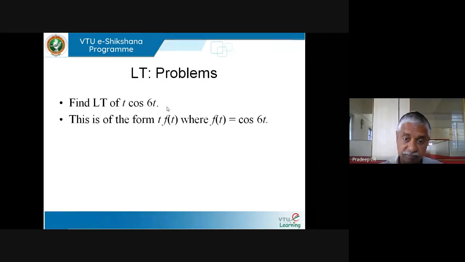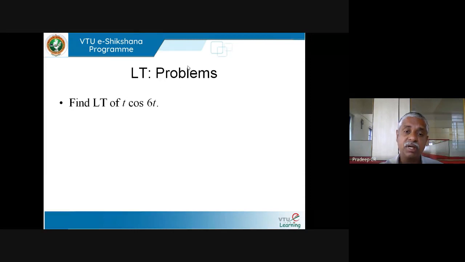So first thing, before you start, when you see this, you must observe that this is of the form t into some function whose Laplace is easy for me to find. If I know how to find Laplace of this function, then I know how to find Laplace of t times that function. That's the bottom line.